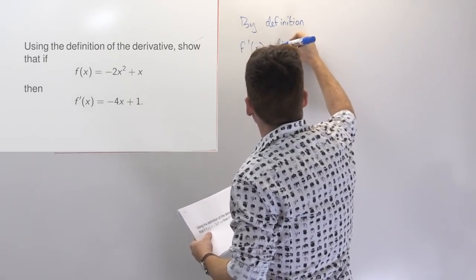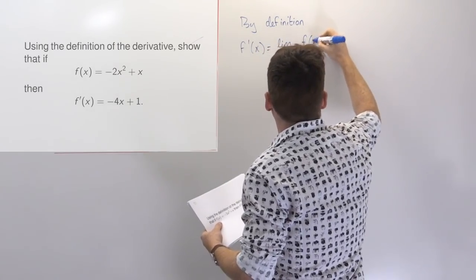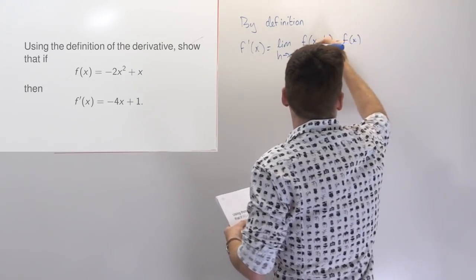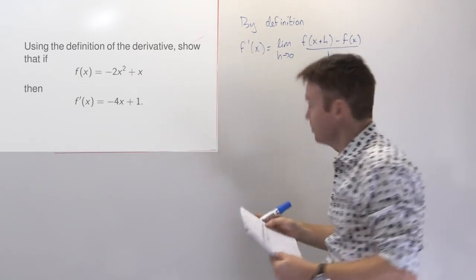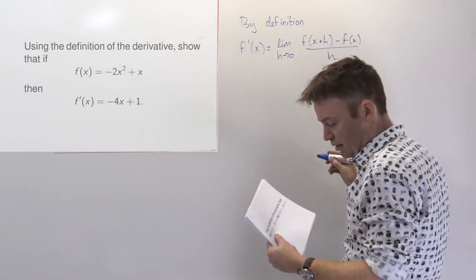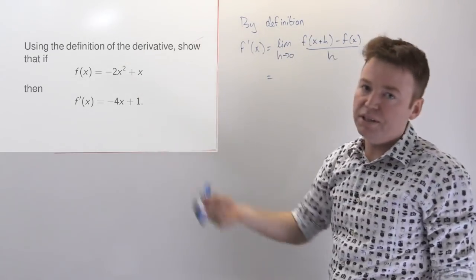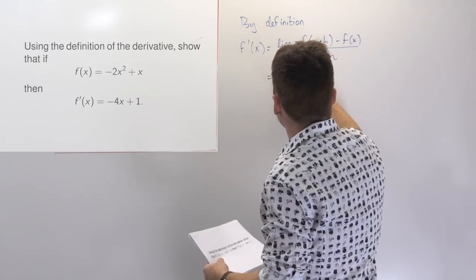It equals the limit. Behold the formal definition of the limit. Then we just plug in what f is, we turn the handle, and hopefully we get what we're supposed to get.